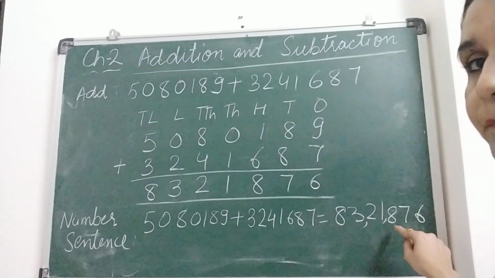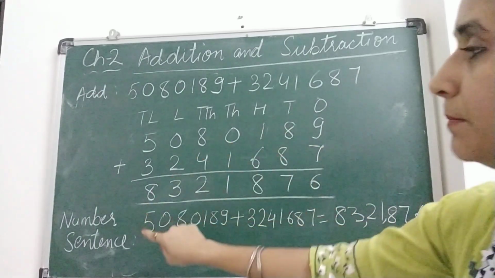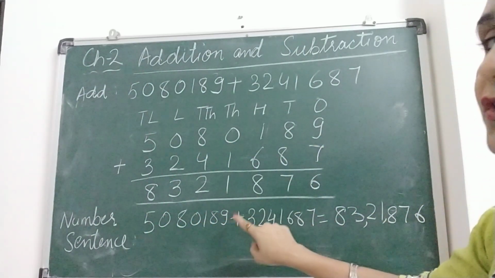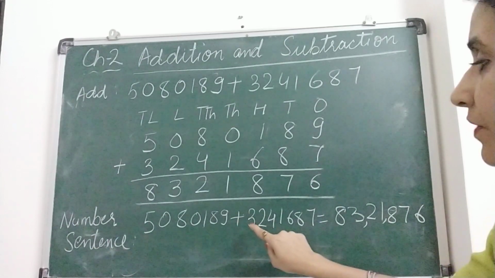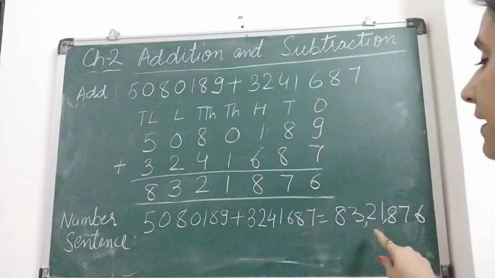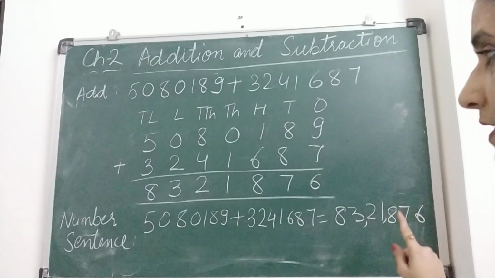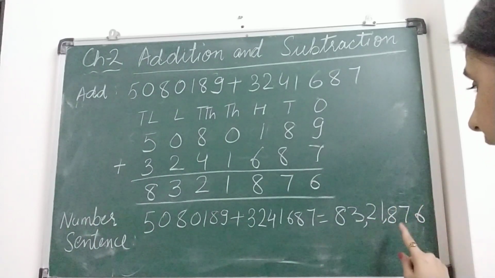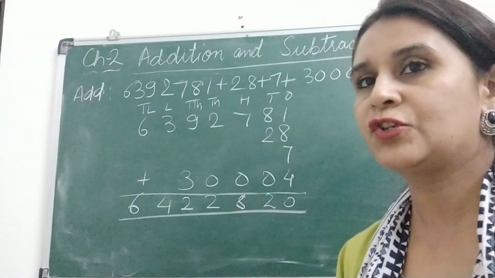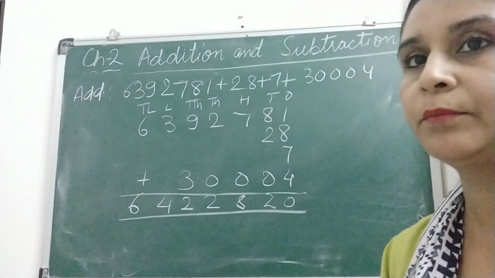Here we did addition, so we write this number with addition and it gives us the answer 83 lakh 21,876.